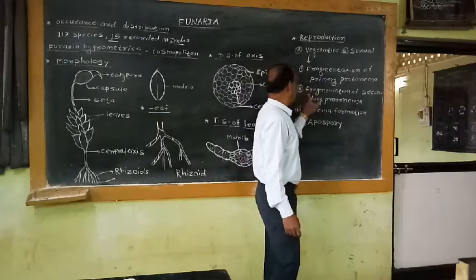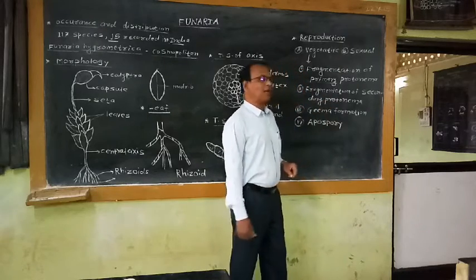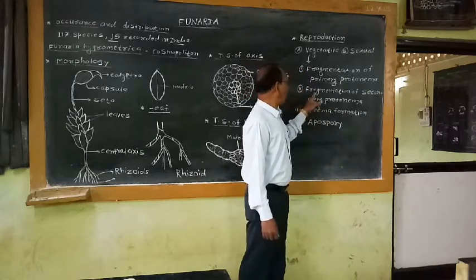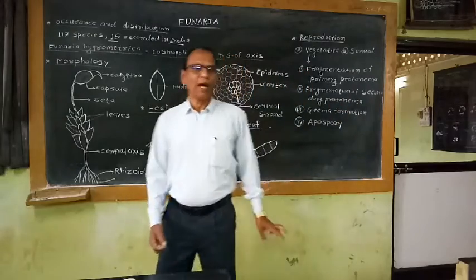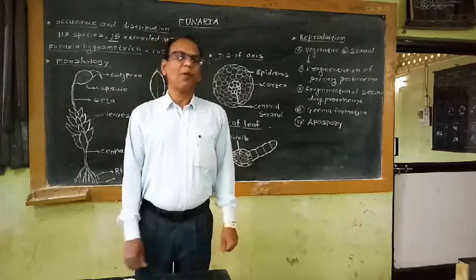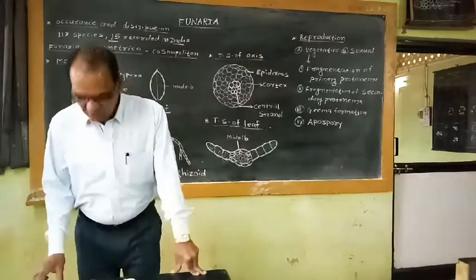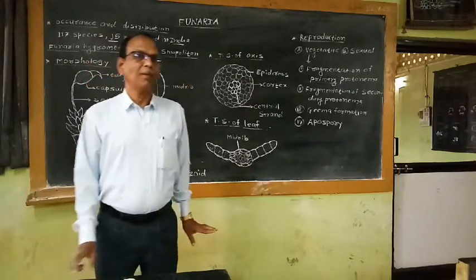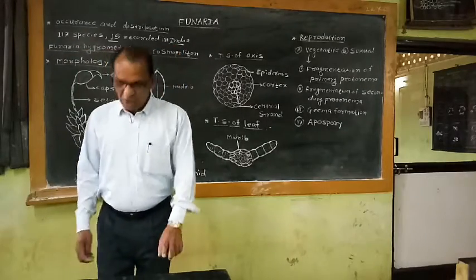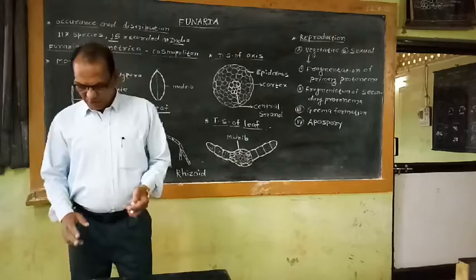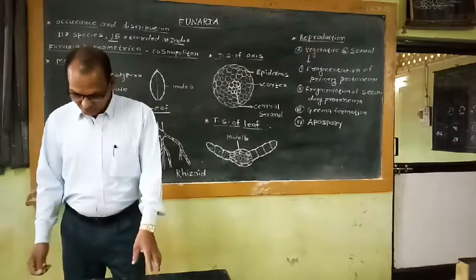Then the second method of vegetative reproduction takes place with the help of fragmentation of secondary protonema. Secondary protonema is not developed from germination of spores. That means sometimes protonema may be produced without germination of spores. So this protonema is commonly called secondary protonema.